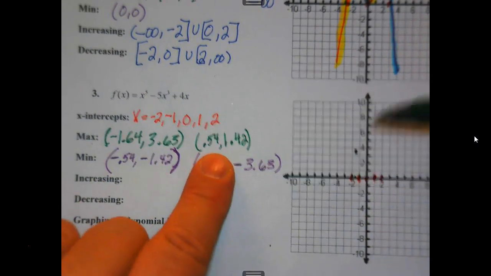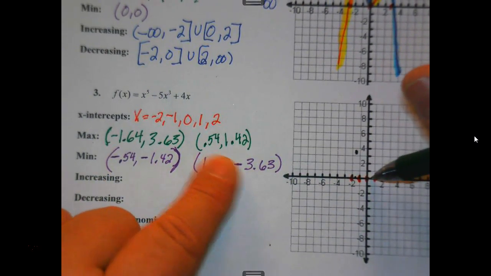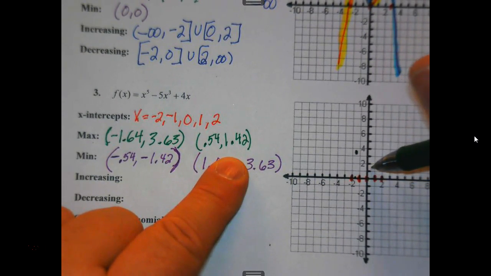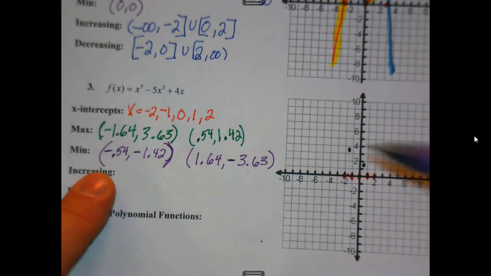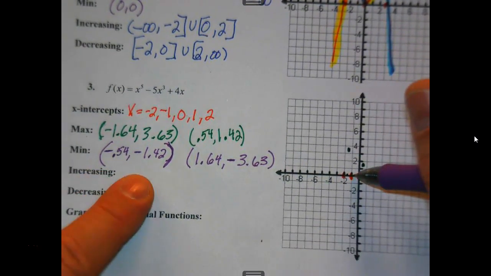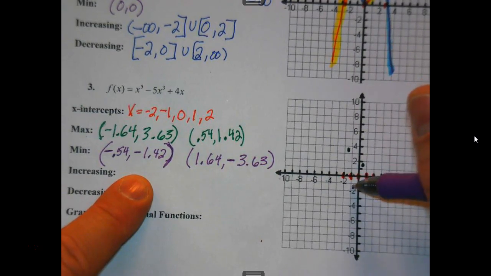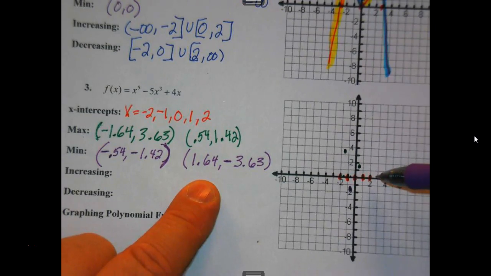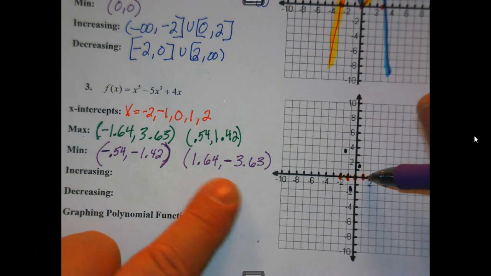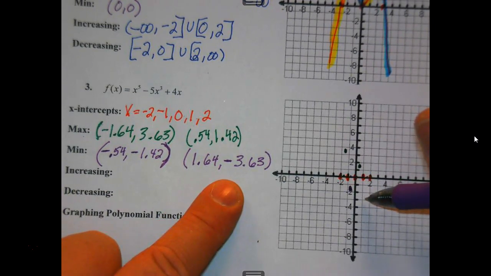Other maximum turning point, 1/2, 1.5. Minimum turning point, -1/2, -1.5, and about 1 2/3, and -3.5.